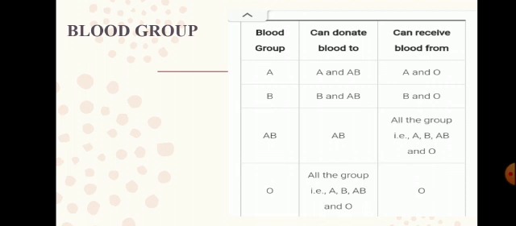Every person has one of these 4 groups of blood, which is inherited from parent to offspring, and is never changed. If a person gets injured and a heavy blood loss occurs, there is a need to give blood of other people to the patient.